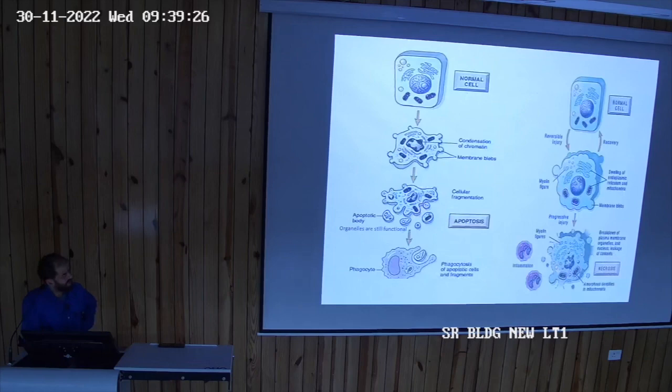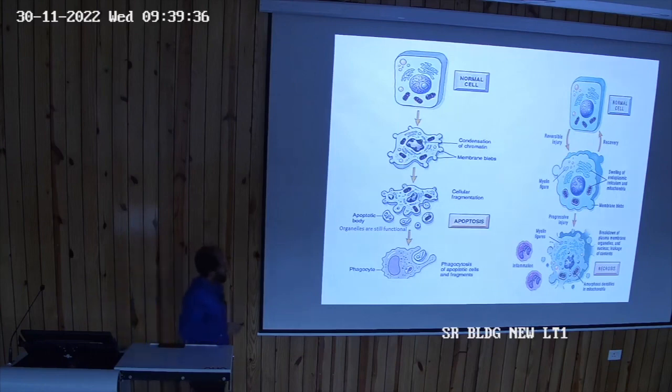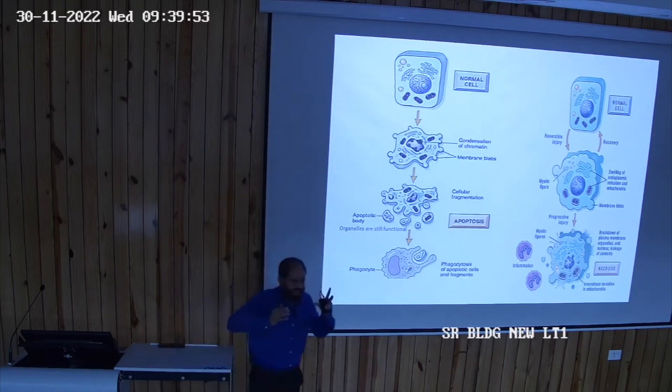These are the steps which are involved in apoptosis and necrosis. You can see the normal cell, when those cells who are undergoing apoptosis, programmed cell death, what they do, firstly there is cell shrinkage and there is nuclear fragmentation and DNA fragmentation within it.